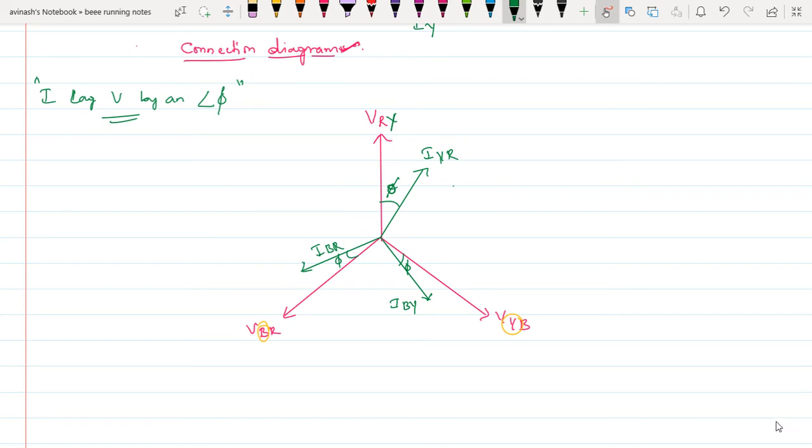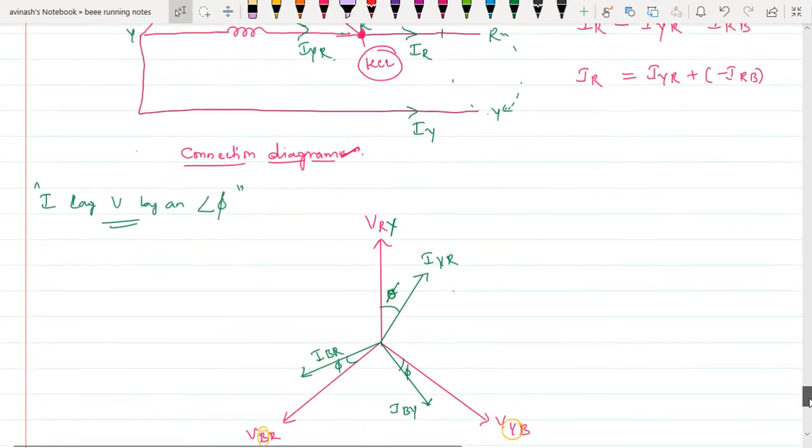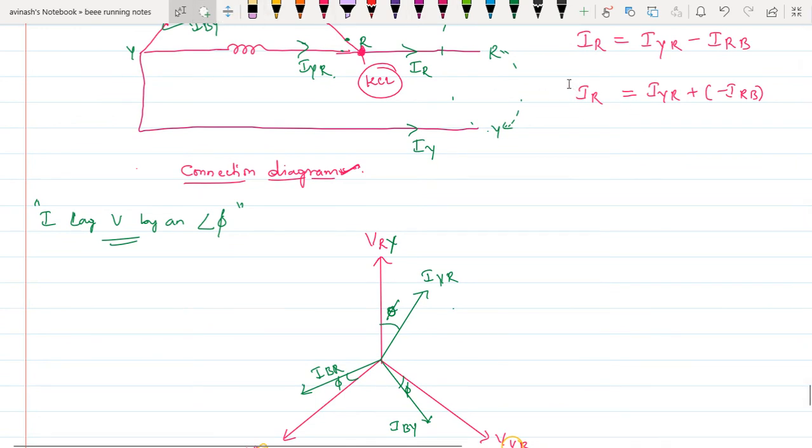Now, according to the KCL point we just discussed, IR is equal to IYR plus of minus IRB.